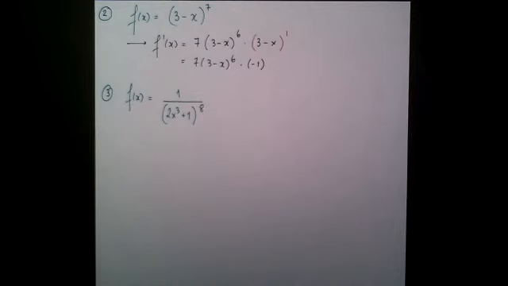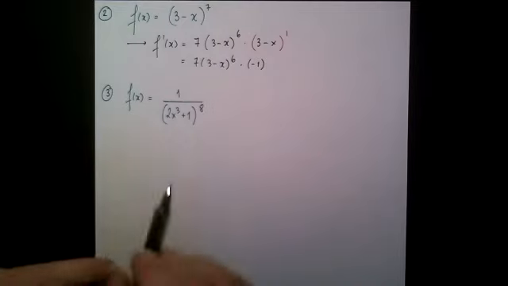Yeah. For number 2 or any problems, when you get at the end, you get 3 minus x exponent 6. What's your question? Alright, I just figured it out. Okay, good.